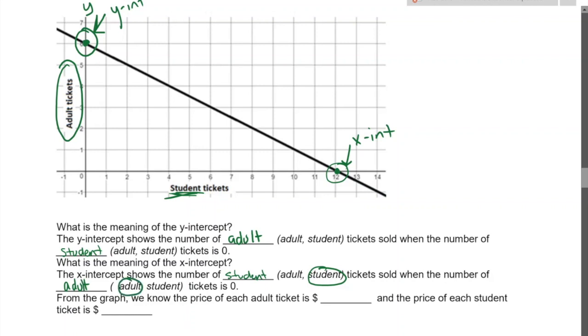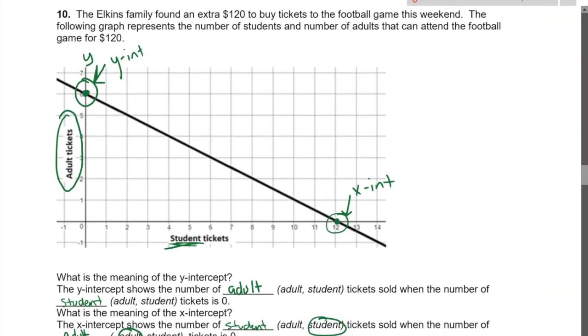Okay. From the graph, we know the price of each adult ticket is blank and the price of each student ticket is blank. Alright, so let's see. The Elkins family found an extra $120 to buy tickets for the football game this weekend. The graph represents the number of students and number of adults who can attend for $120.